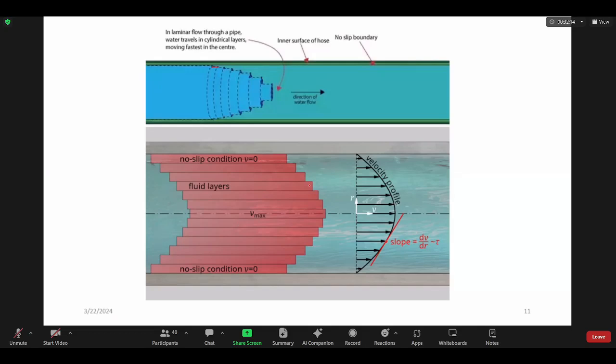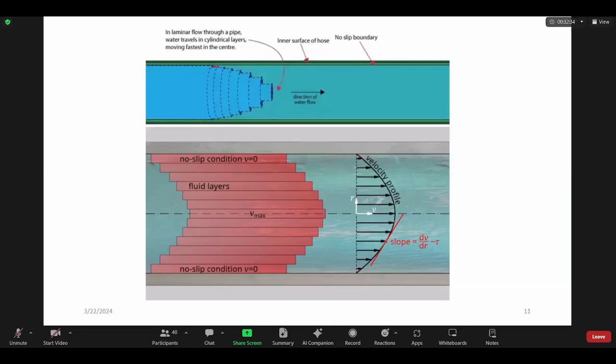This is a 2D drawing. You can identify these are the fluid layers. This is the V equals zero layer. This is the velocity profile. We can draw it like this.